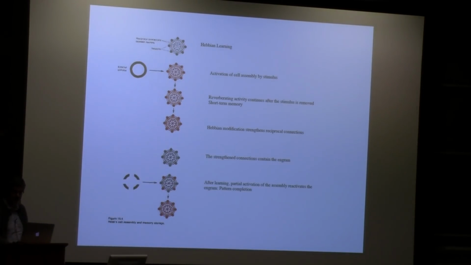He said, suppose that we have a very simple system, in this case with 10 neurons or something like that, interconnected. Then you present a stimulus, which is this annulus, and you activate those neurons. Since they are interconnected, they tend to be active for a little bit longer. This one activates that one, and then you can get a kind of reverberating activity for a while.